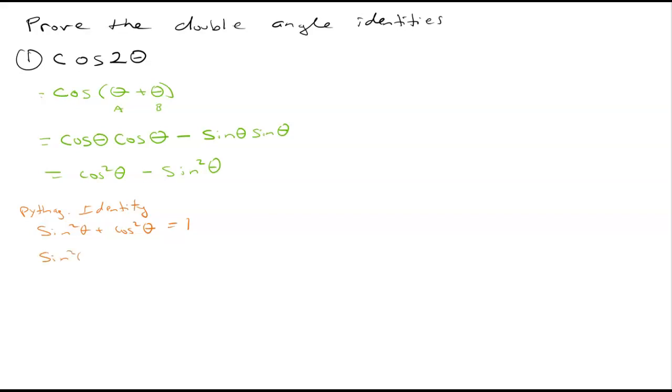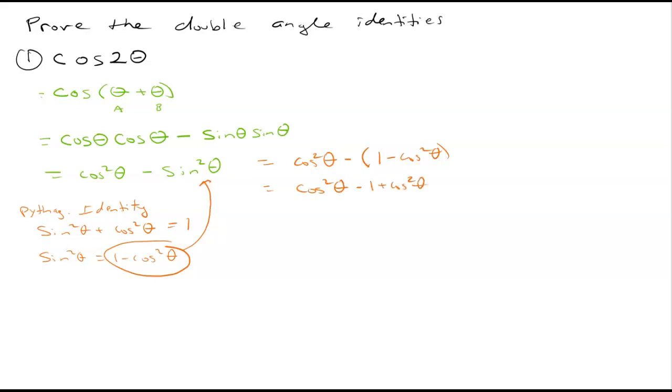If I say sine squared of theta is equal to 1 minus cosine squared of theta, I'm going to replace it right here. So this would be the same thing as saying cosine squared of theta minus, and then parentheses, 1 minus cosine squared of theta. Notice what happens: cosine squared of theta minus 1 plus cosine squared of theta. How many of the cosine squareds do we have? We have 2. So again, this is how we can prove it.